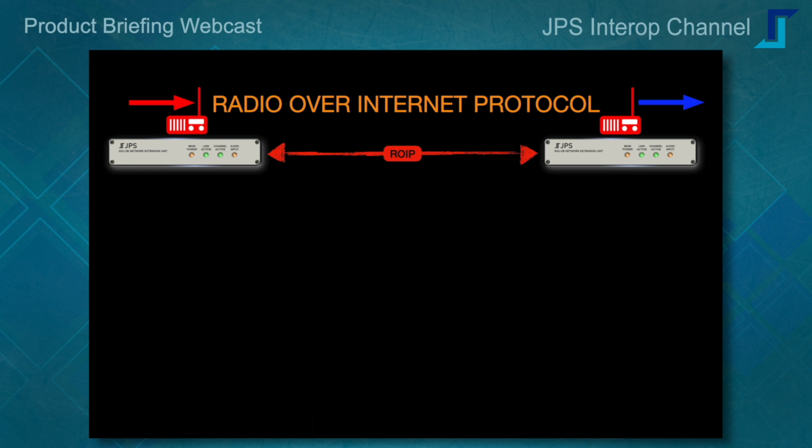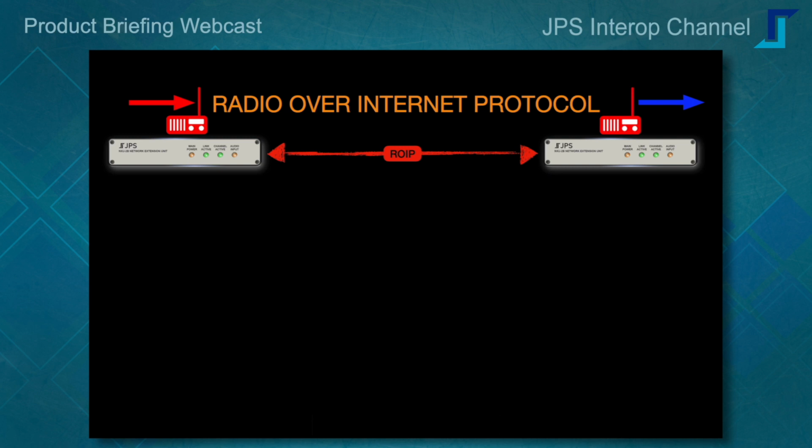When we pair a LAN mobile radio or any four-wire device to the NXU-2B, we can take that radio communications, compress it using codecs and vocoders, and then deliver that information over any TCP/IP network. Then I can deliver it to a far-end RoIP device where I can recover the analog audio and deliver it to another four-wire device or another radio. Hence, we're extending the radio coverage area by leveraging a network.